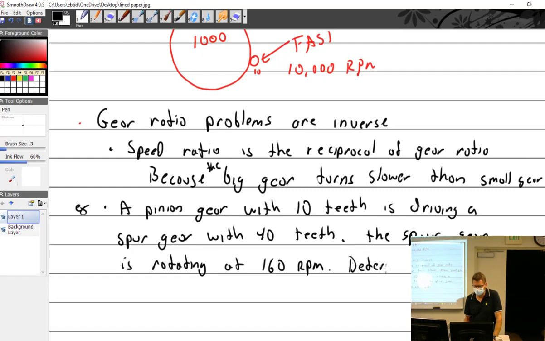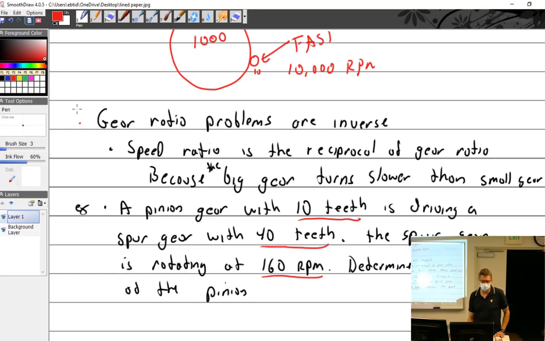Determine the speed of the pinion. So three things are given, one thing is asked: pinion gear, 10 teeth, 40 teeth, 160. What is the speed of the pinion? They've given me three and asked for the missing link.